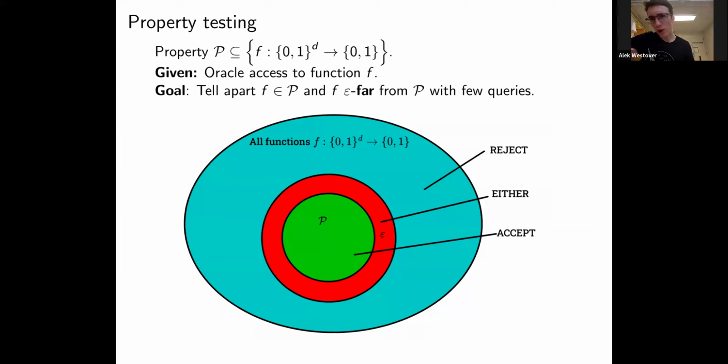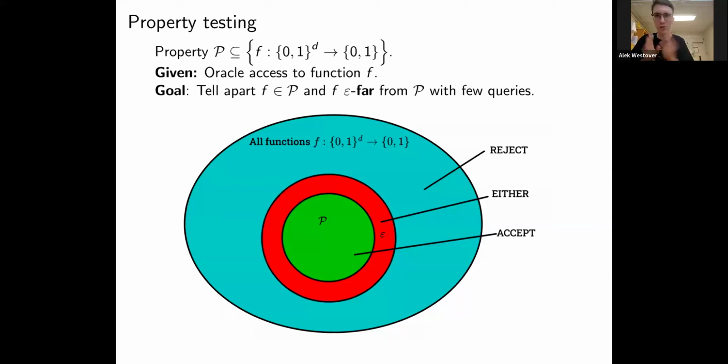The reason we need this red buffer region is because our goal in property testing is to get an algorithm that is very query efficient. So it looks at a very sublinear amount of the domain. But if we had no buffer region here, then it could be the case that we take a function and modify it in one place to break having the property.